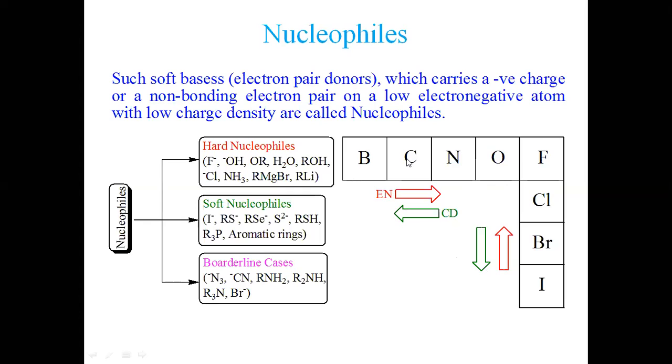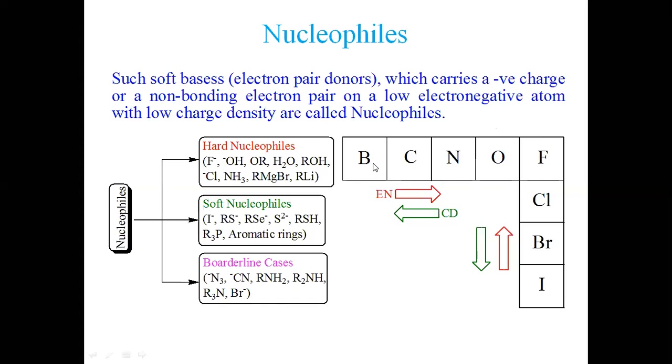The atomic radius of boron is highest, then carbon has lower atomic radius, then nitrogen, and the least one is fluoride. So this is not charge density, just replace this Cd by atomic or ionic radius. Ionic radius is increasing from right to left.